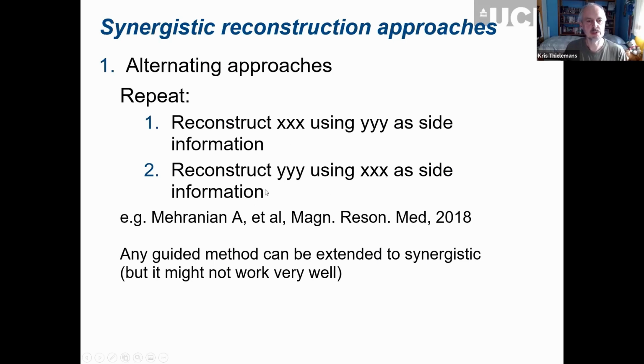So that's one approach. This approach implies that any guided method that you have, you can extend to the synergistic case. But obviously, that doesn't mean that it will work very well.